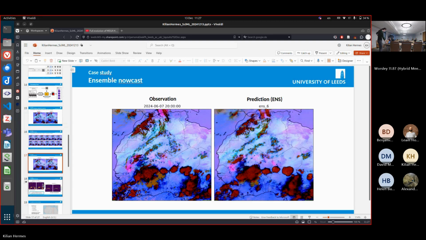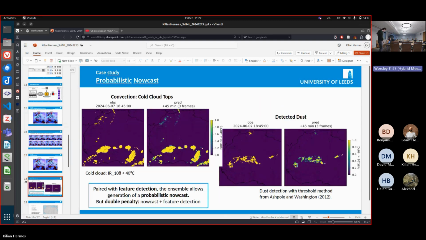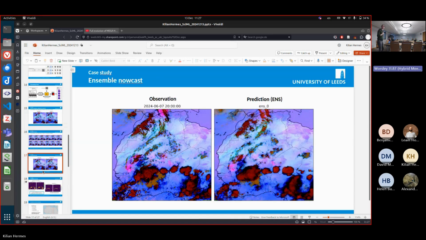So a few slides about the evaluation of that. So far I've only shown you animations of these different predictions, but for operational forecasting, we care about how good the product is at predicting the features we're interested in. These are mostly the thunderstorms, the red blobs, and the dust, which is pink.